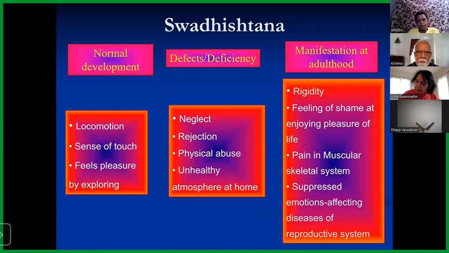Mooladhara chakra actually serves as the root. If the root is not strong, automatically the growth will not be strong. Next to Mooladhara chakra is Swadhisthana chakra. If the Mooladhara chakra is very weak, automatically Swadhisthana chakra becomes weak. Swadhisthana chakra and Mooladhara chakra are not independent.